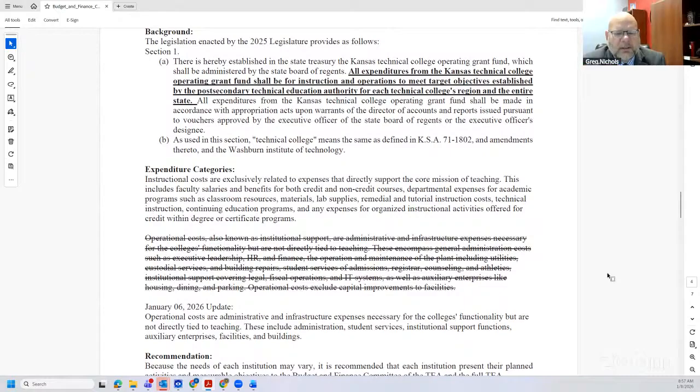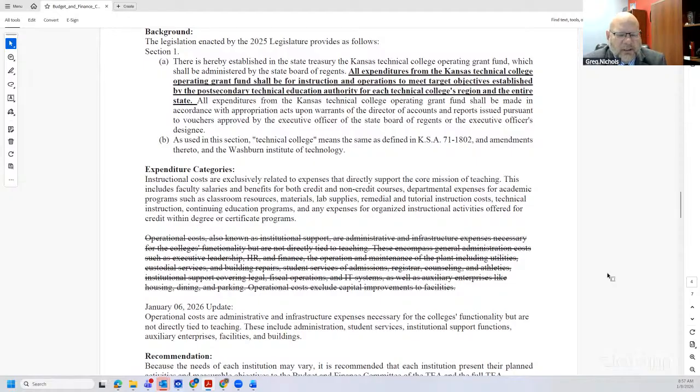Okay. So one of the things that we had a concern from the technical college standpoint was in the strikeout, the original part, operational costs excluding capital improvements. For us, that is part of our operation. I mean, as a college, we have to have some physical structure to teach the courses and things like that.